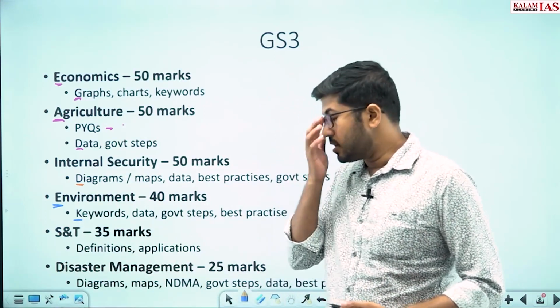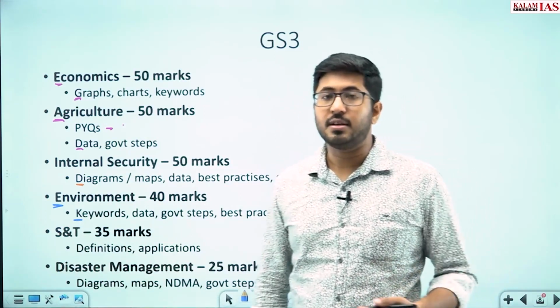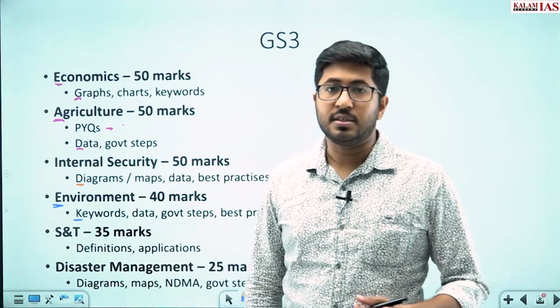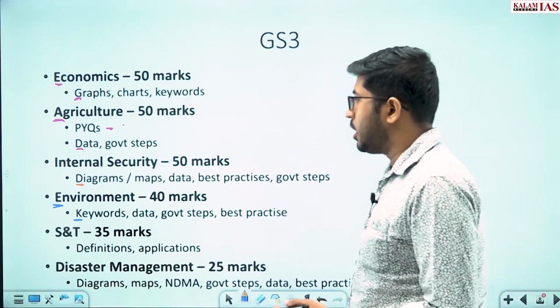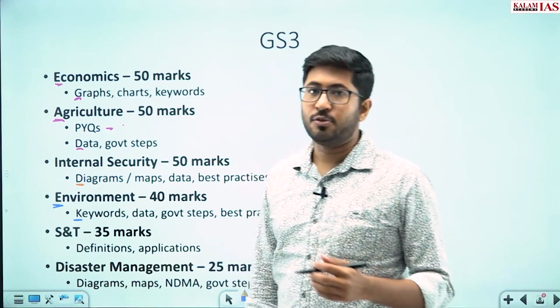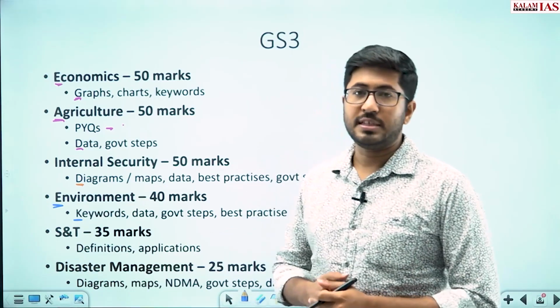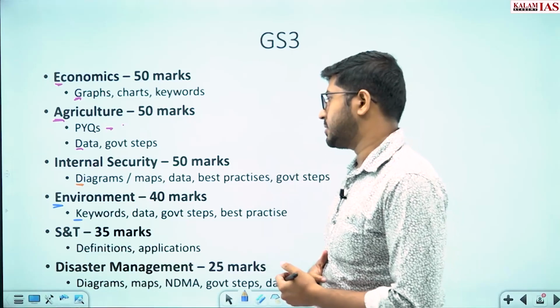So you should be aware of these terms, electric vehicles, negative energy, positive energy, net carbon, carbon sinks, carbon sequestration, or the ice albedo feedback. So you can use a lot of these keywords and link them with the answers.